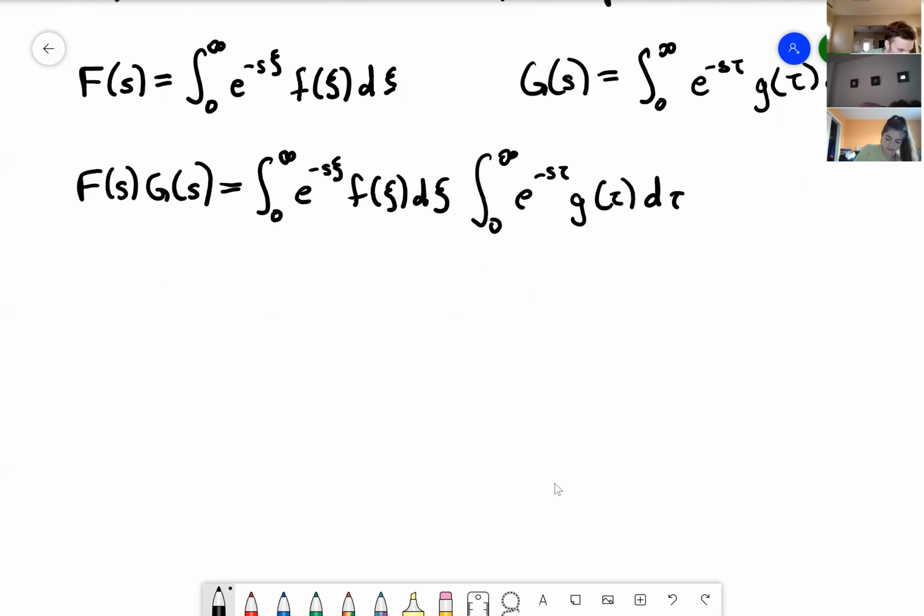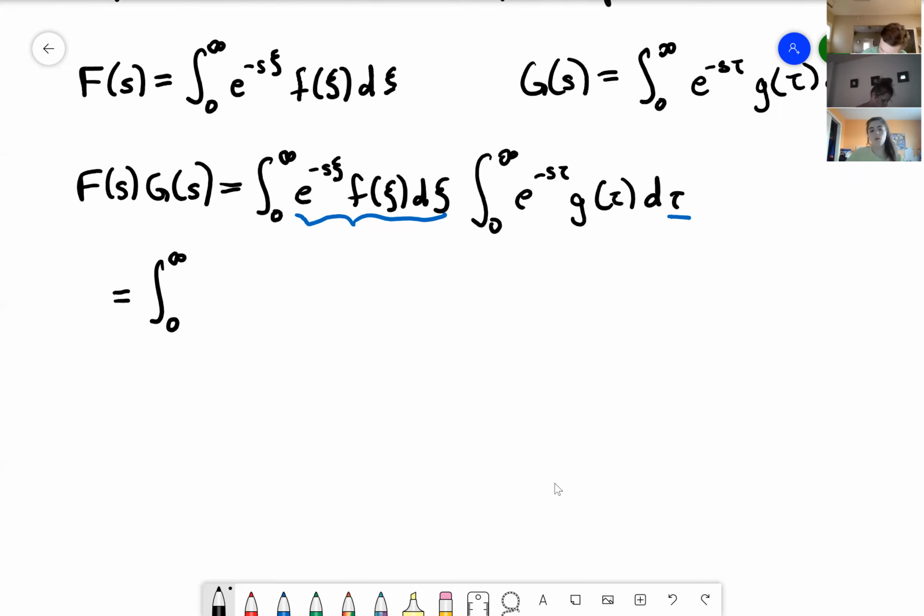Now let's see. The integrand of this first integral does not depend on the variable of integration of the second. None of this right here depends on tau. So we can combine these two integrals together and get the integral from 0 to infinity of the part that just depends on tau.